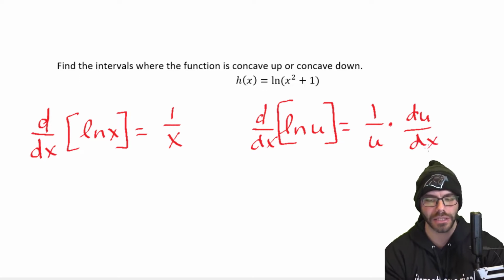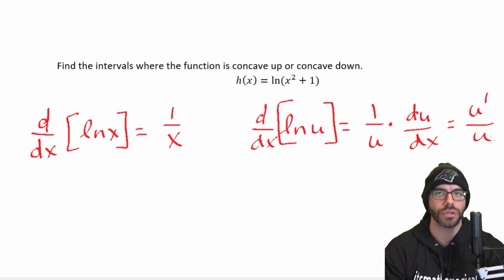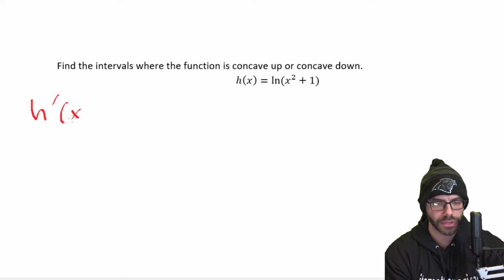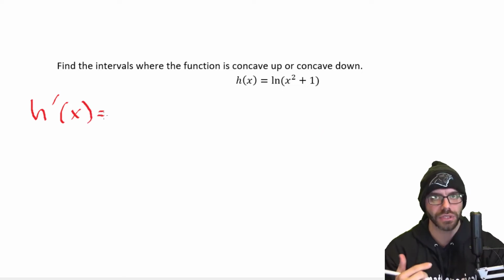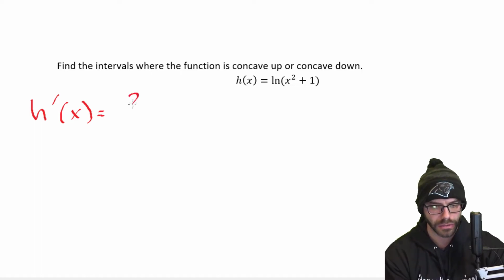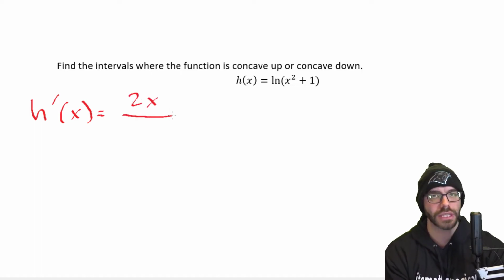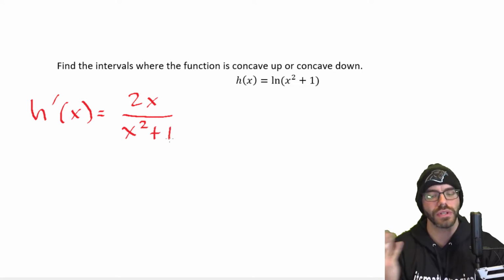I like to think about it this way: u prime over u, or the derivative of the argument over the argument. h prime is going to be the derivative of the inside, which is the derivative of x squared plus 1, going to be 2x, over the inside, which is x squared plus 1. There's your first derivative, just like that.